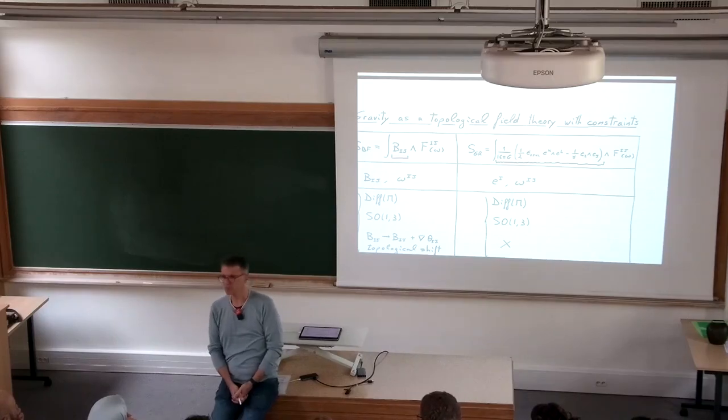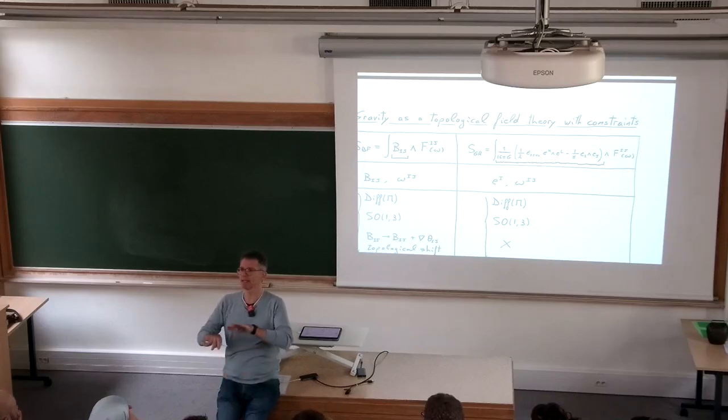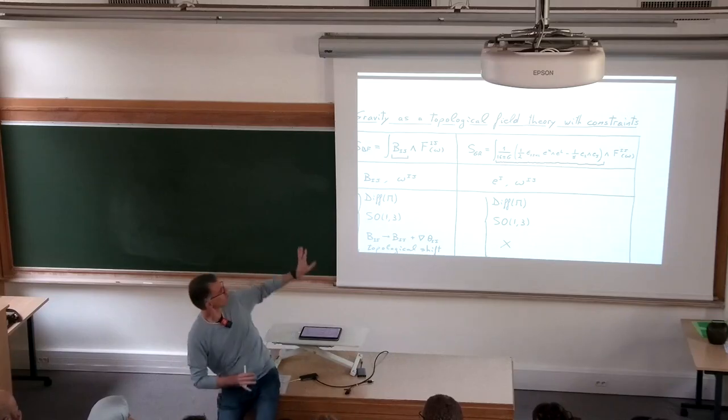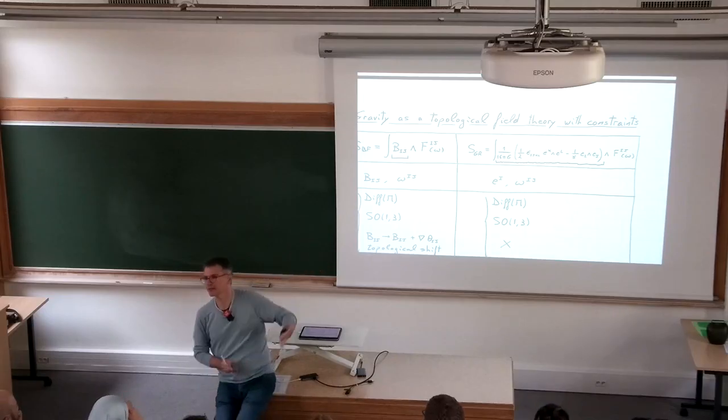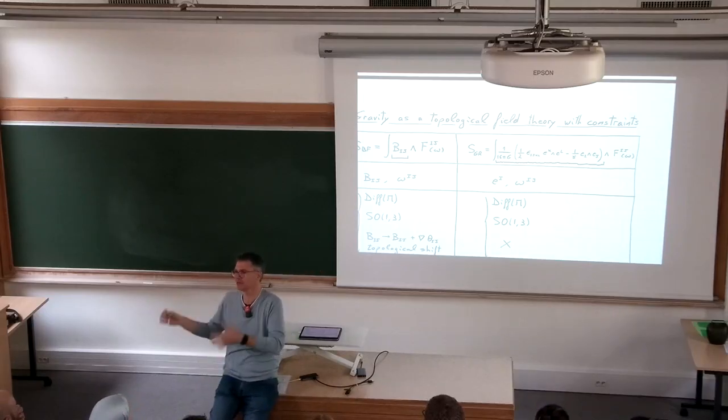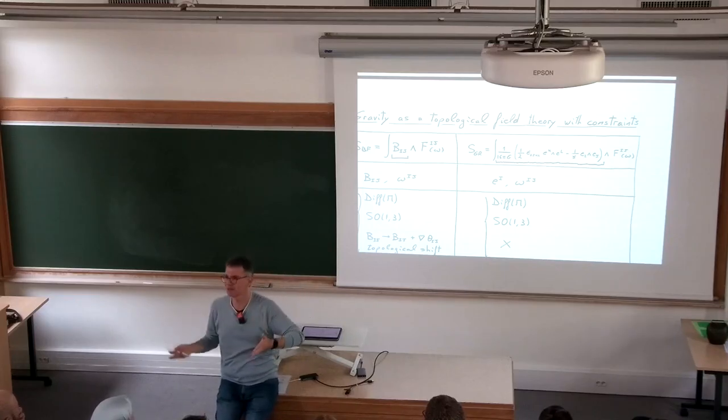Good. Let me separate classical from quantum in my answer. At the classical level, if you want to go from the topological theory to general relativity, you have to impose it. If you don't impose it correctly, you don't get back general relativity. So there are many ways of doing that.